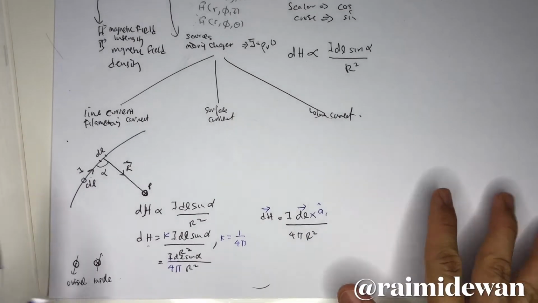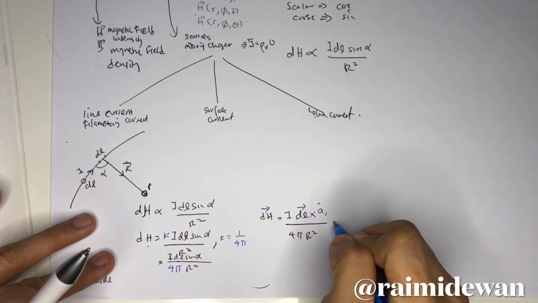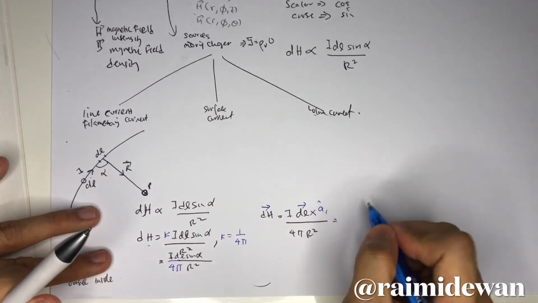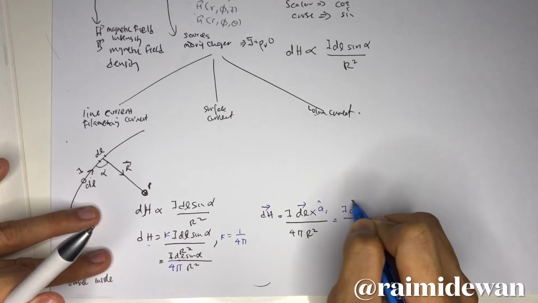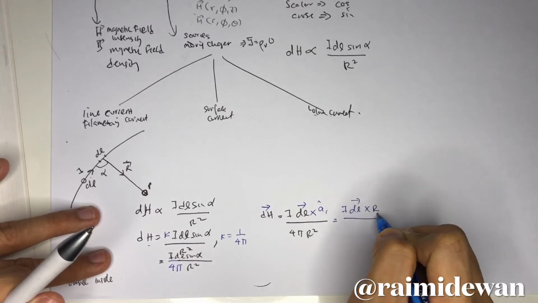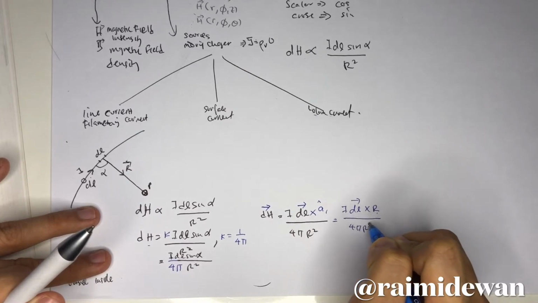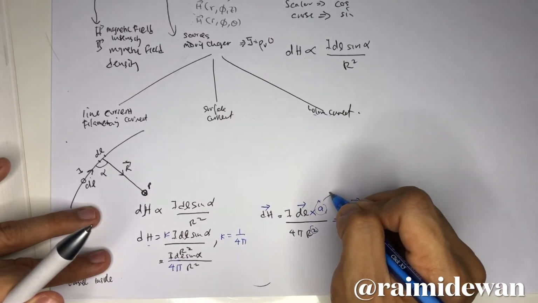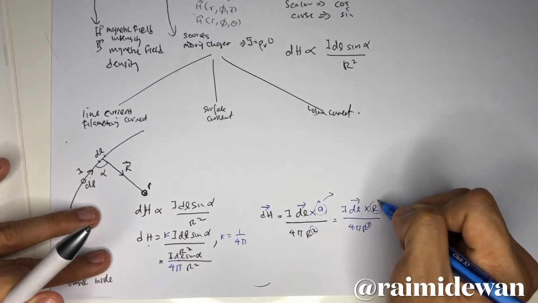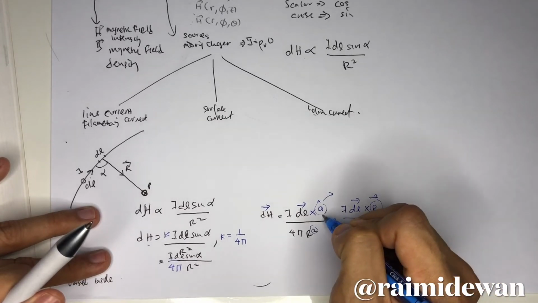If you want to expand it, you can also have this form, the distance and also 4 pi r cube. You know why this is, right? Because this is from here. This is a unit vector, this one is just a vector. A vector, but this one is a unit vector.